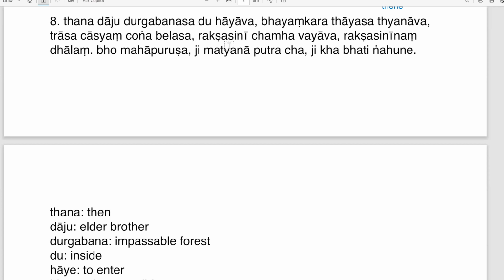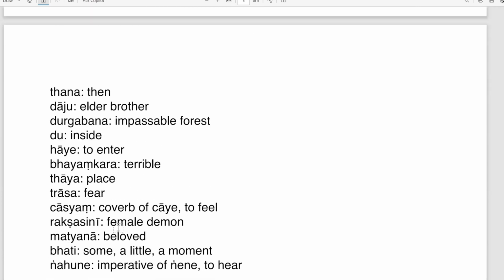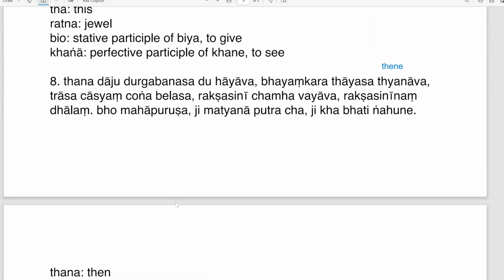And here comes Rakshasini. Rakshasini is a female demon. So Rakshas is the male one, and Rakshasini is the female one. So Rakshas and Jimpa, one element classifier, via converb, antecedent converb, come.